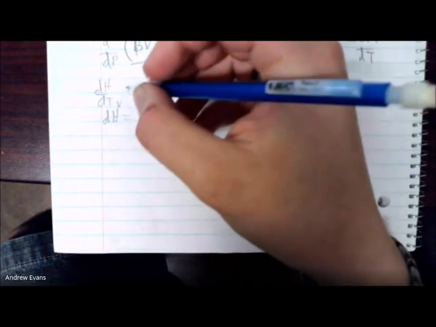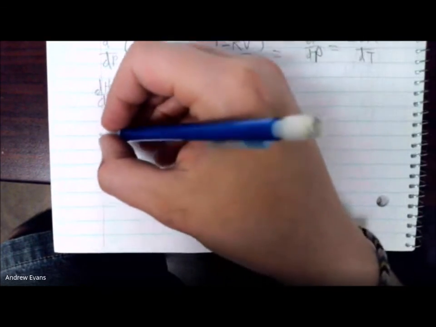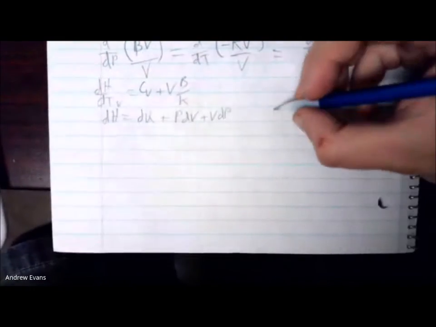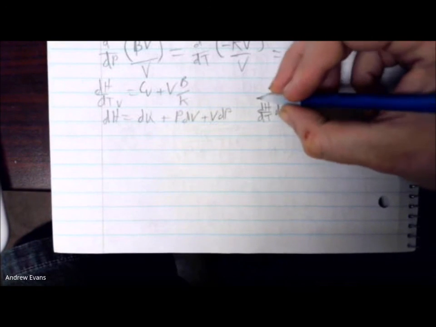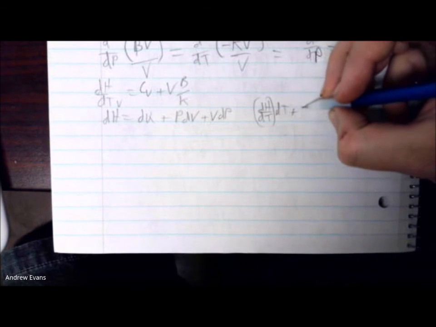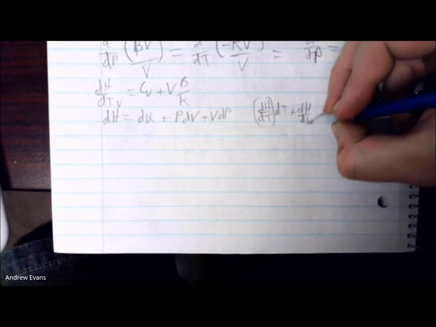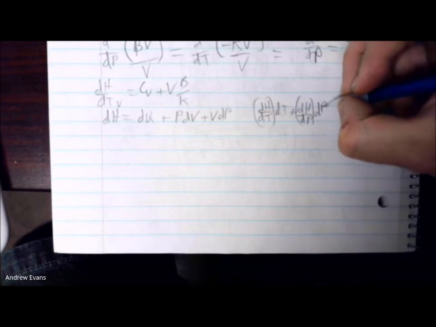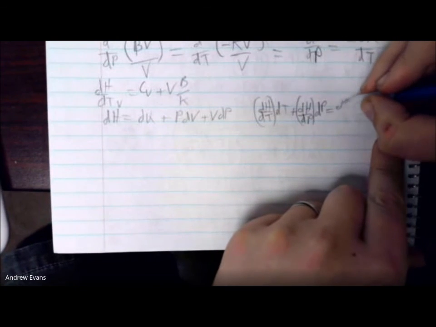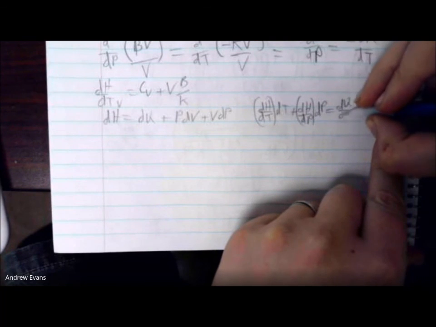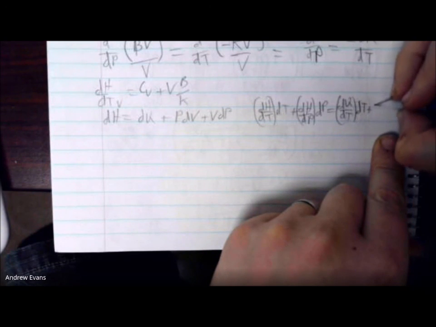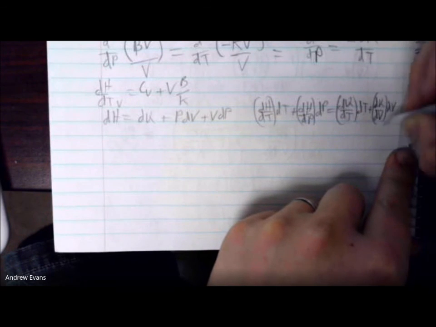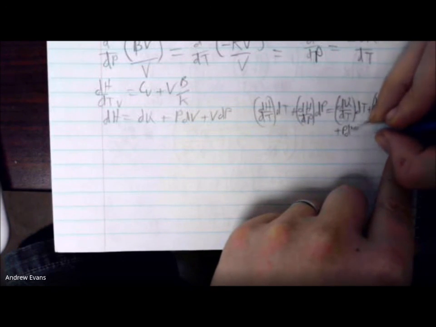Doing the partial differential of the dH and dU, we get dH dT times dT plus dH dP at constant T, changing P, equals dU dT and dU dV, plus my PdV and VdP.